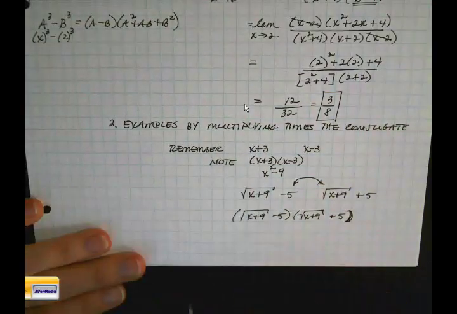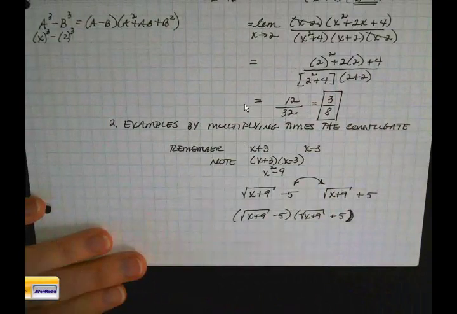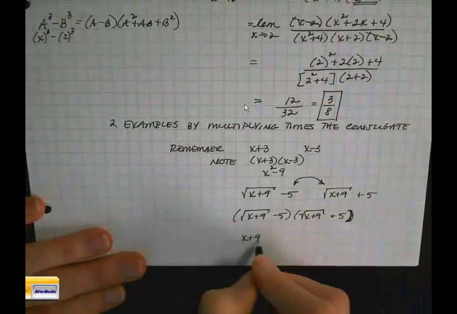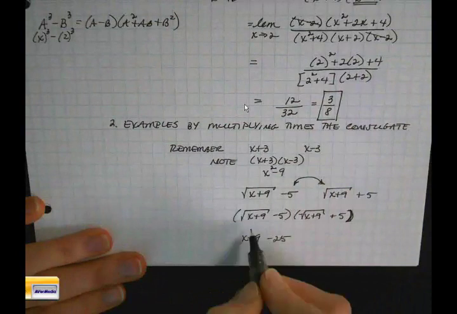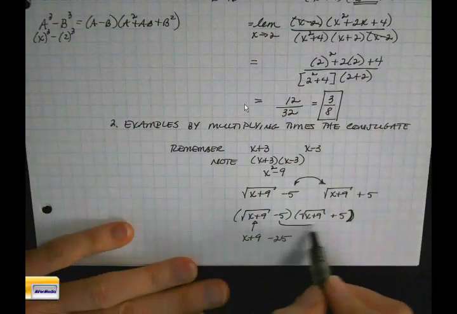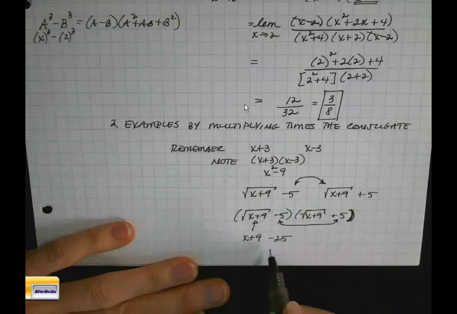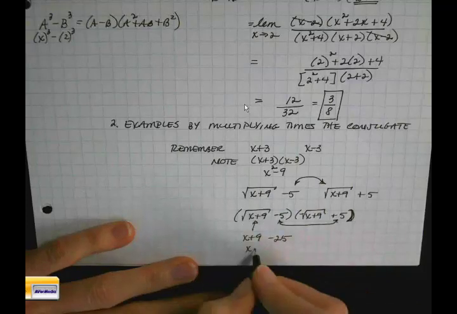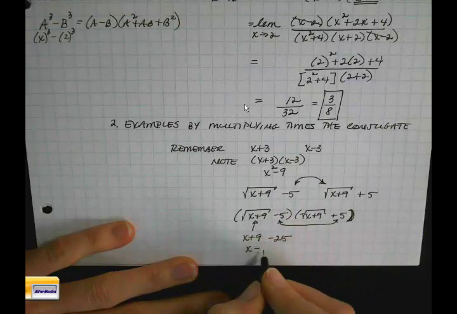Anybody know what happens when you form the product? There you go. You square the first one, which removes the radical, and then the negative 5 times the positive 5 is a negative 25. So this becomes x minus 16?